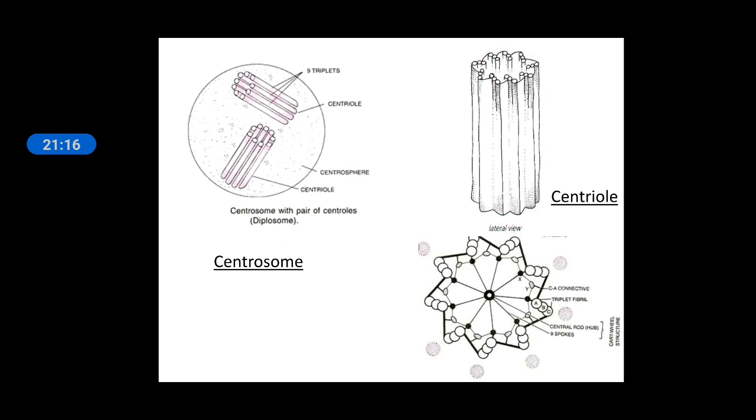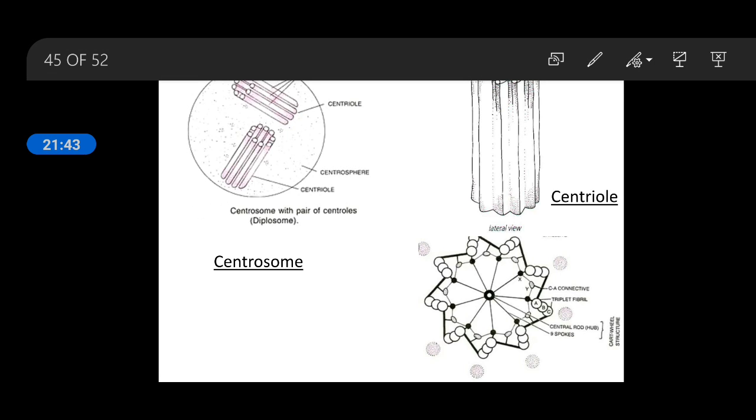Now see the diagram of the centriole. This is the lateral view. In the lateral view, you can see at the peripheral part triplets are present. Total 9 triplets are present. The diagram at the bottom is the transverse section of the centriole. This clearly shows you 9 triplets at the periphery, but in the center part there is no microtubule.